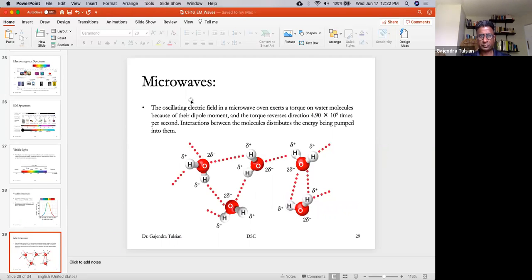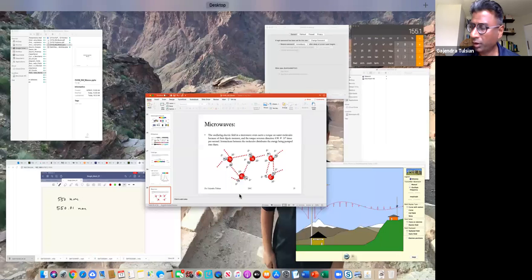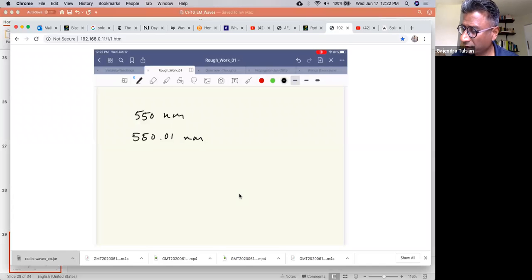All right, so let's see how microwaves work. You saw that a water molecule has a dipole moment. So here's the water molecule.